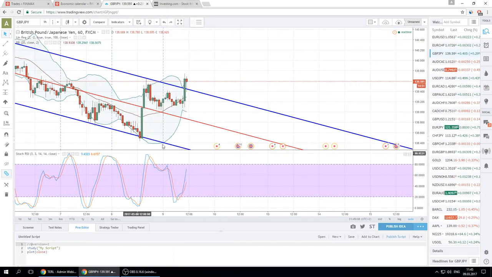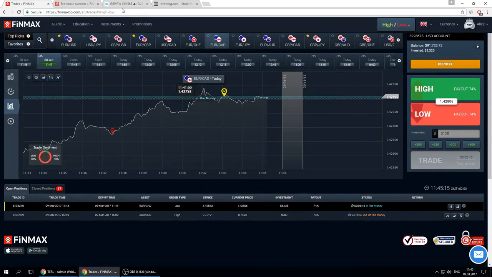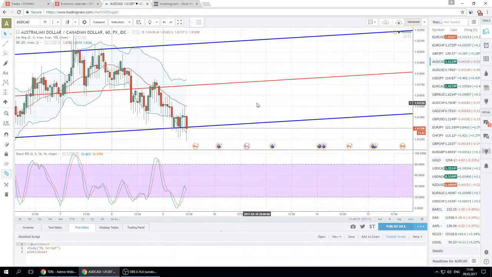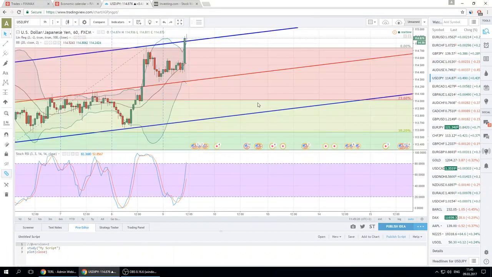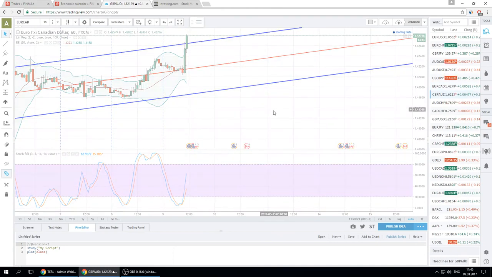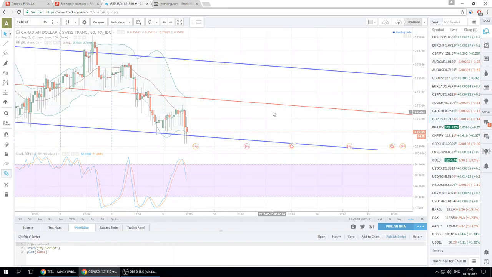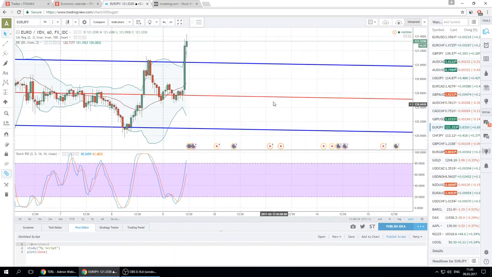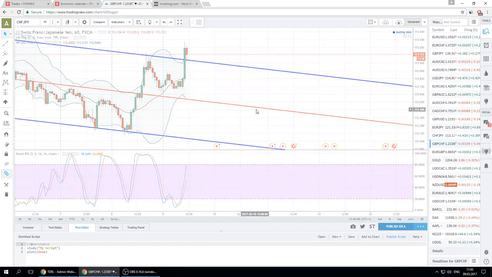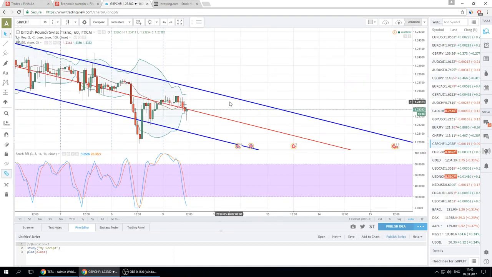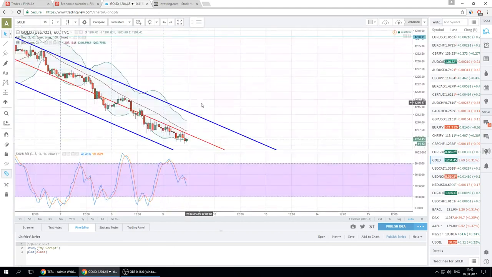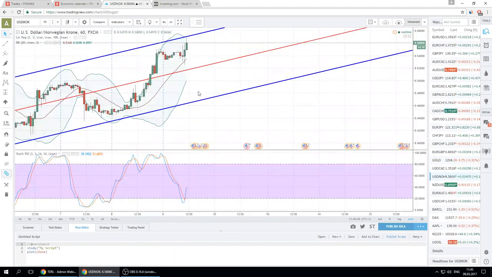Also on this asset, it's better to wait for 14 minutes to see the further situation. No clear entrances.